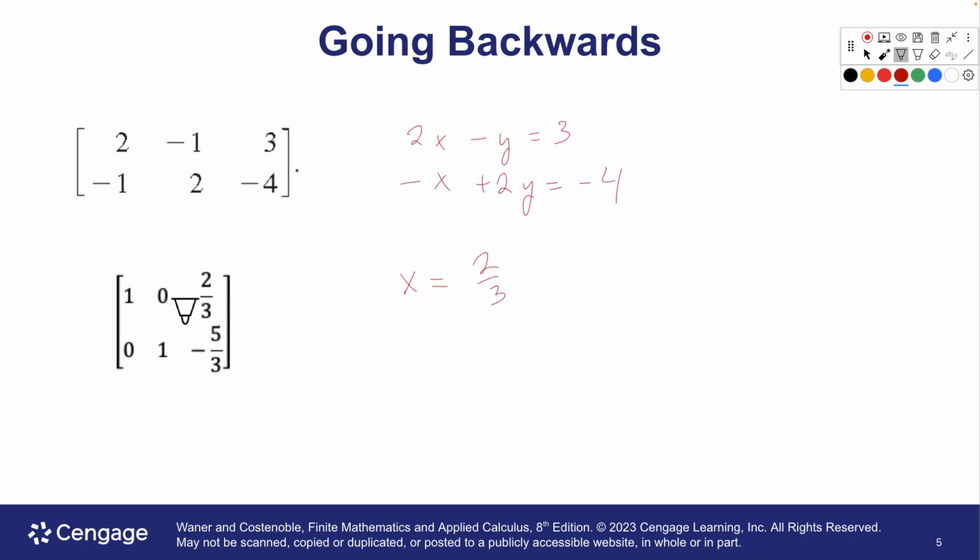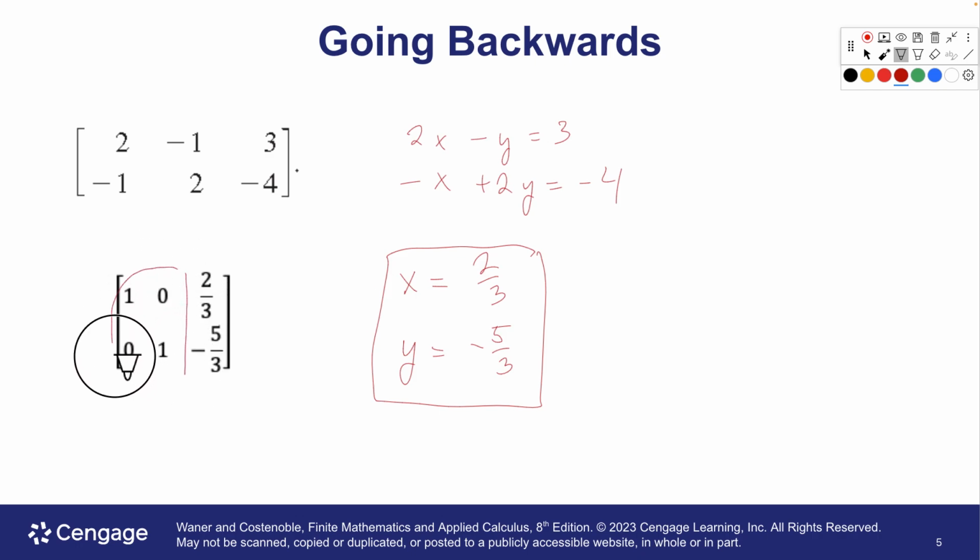And remember, since there's a 0 there, we don't need to put the 0y. Since there's a 0 here, we don't have to put the 0x, but the y here is 1y equals -5/3. Notice these are the answers of what x and y are equal to. So when we get an augmented matrix that contains the identity matrix, notice 1 along the diagonal, this is a solution to a system of equations.